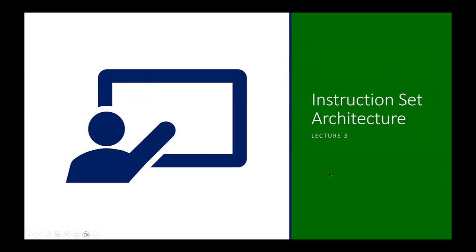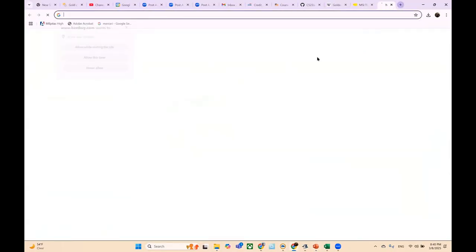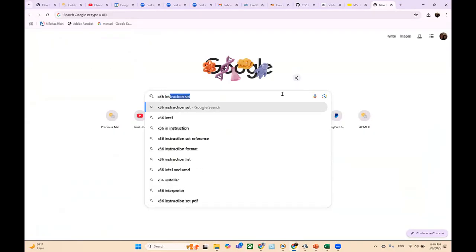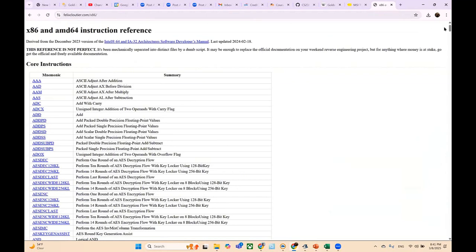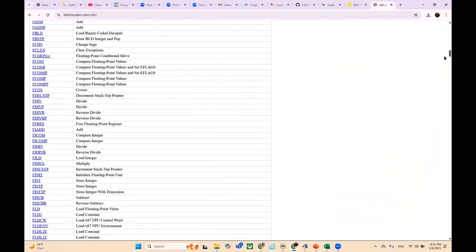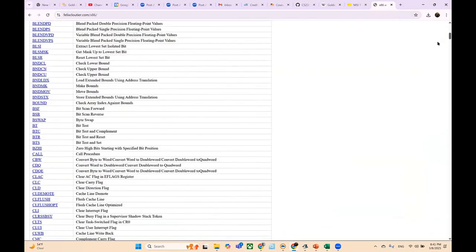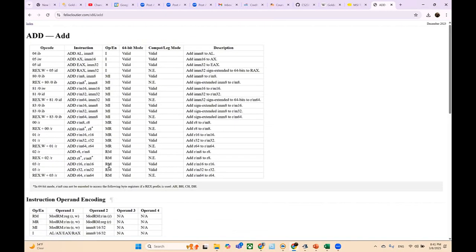So the instruction set is the machine code. Okay. So let's see, you can look up the x86 instruction set reference. These are the different instructions provided by Intel. Let's try one, ADD.